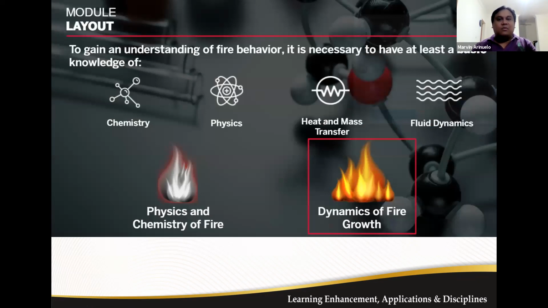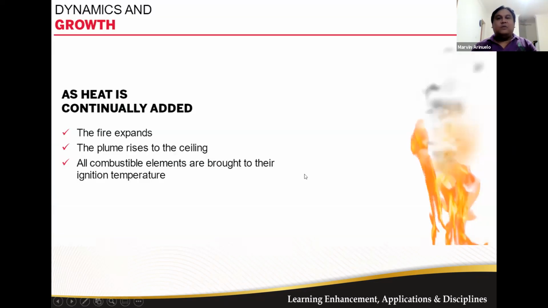Now we'll go back to our module layout. Now let us discuss the dynamics of fire growth. We finished the physics and chemistry of fire, so now we will go to the dynamics of fire and fire growth. At this point, ignition has taken place and the fire has reached the point of established burning.